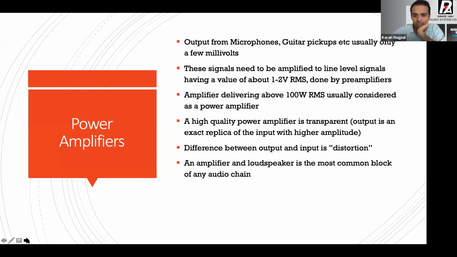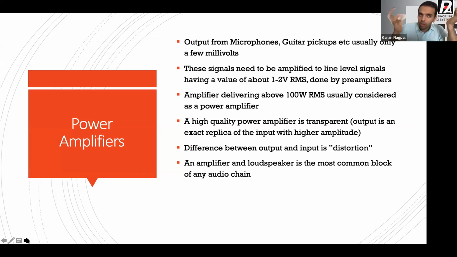So again, like I explained, an amplifier and loudspeaker is the most common block of any audio chain. Your home amplifier, a karaoke system, a live performance, a DJ set, an amplifier and a loudspeaker is by far the most common. You may say a loudspeaker cabinet, but what about a ceiling speaker? Ceiling speaker is one application where you're just taking a speaker and mounting it in the ceiling.